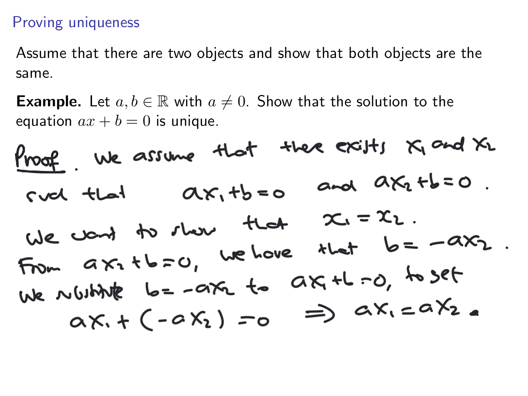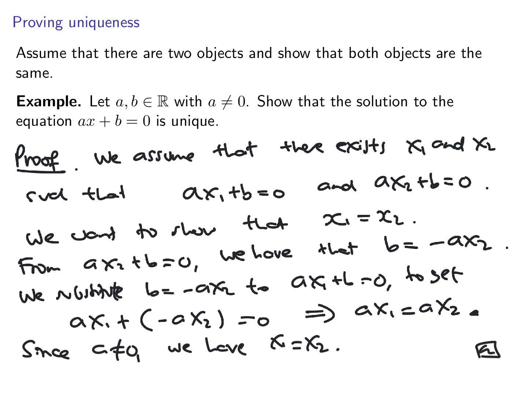But remember what our assumption is? a is not 0, so we can divide through this equation by a. So since a is not equal to 0, we have that x1 is equal to x2, right? And that's what we want to prove, and we are done.